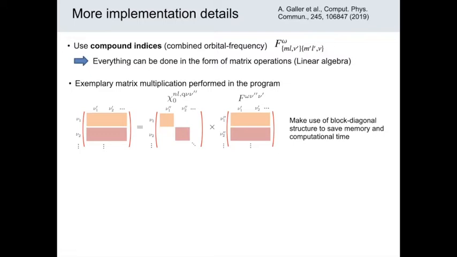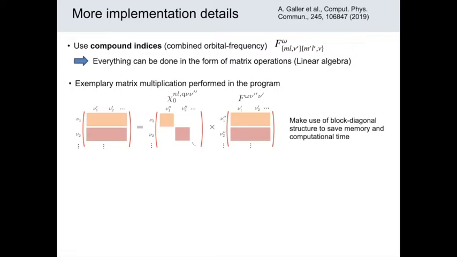Such a vertex function has on the left side one fermionic frequency index and 2 orbital indices, and you combine them into one compound index. On the right side of the vertex you have another 2 orbital indices and a fermionic frequency index, and you combine them into the other compound index. Then basically you can do everything in the form of matrix operations.